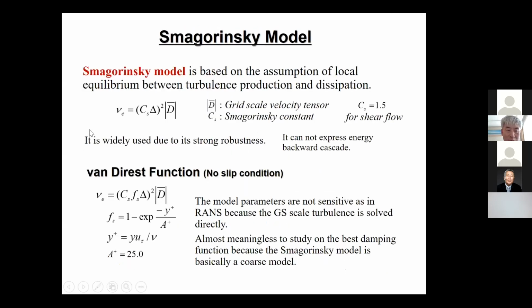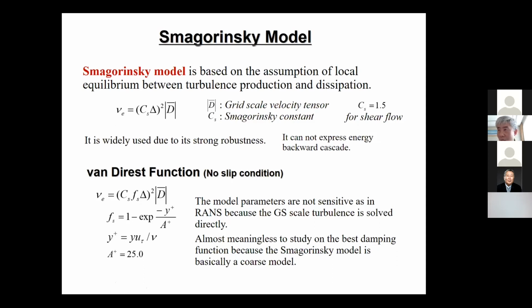And after this Smagorinsky model, we usually have to add a damping function to the viscosity model, to make sure we have a no-slip boundary condition in the calculation. But the key point is that for an LES study, the largest scale structure is solved directly.